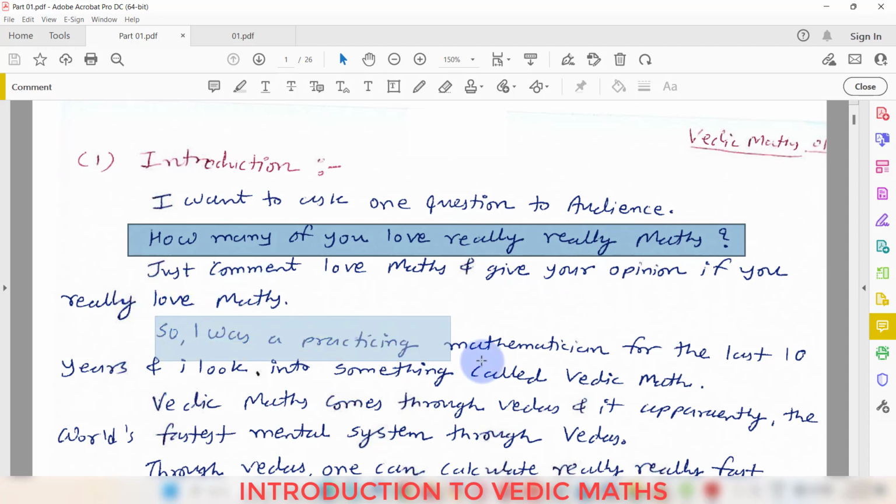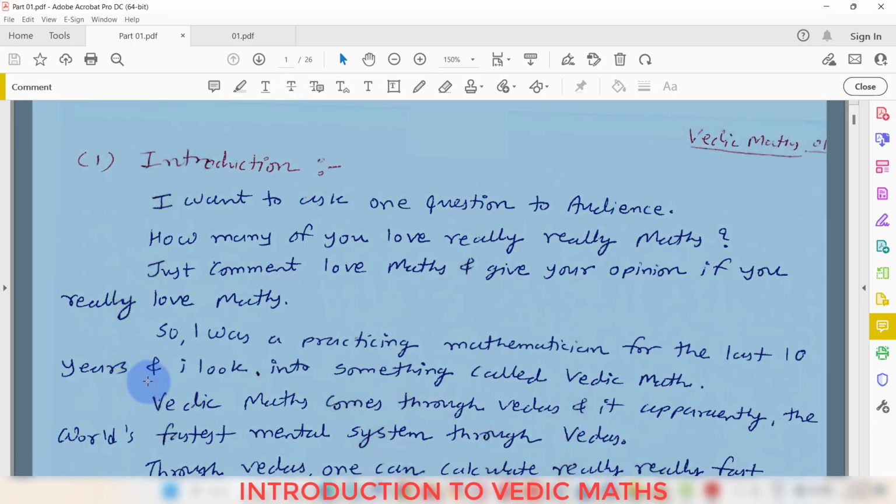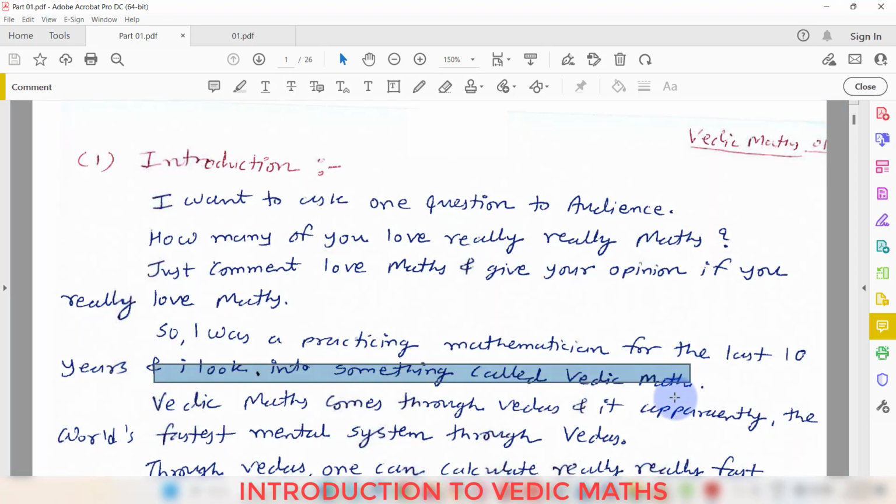I have been practicing as a mathematician for the last 10 years and I looked into something called Vedic maths. Vedic maths is a very important and very useful technique for quick analysis and quick calculations, and there are many techniques available in Vedic maths. We will go through all the techniques one by one using handwritten notes.